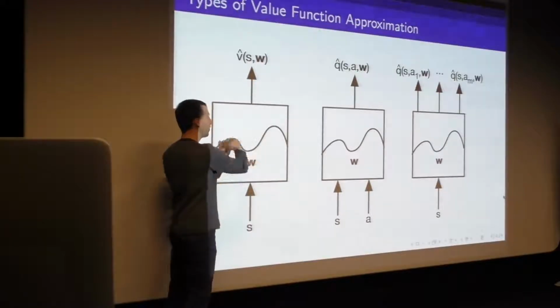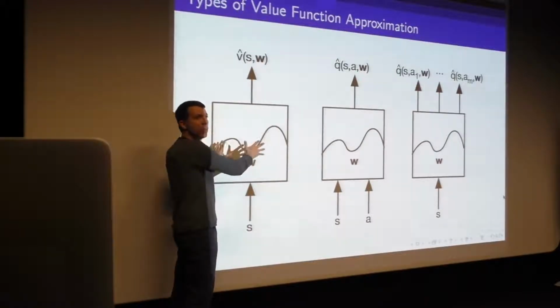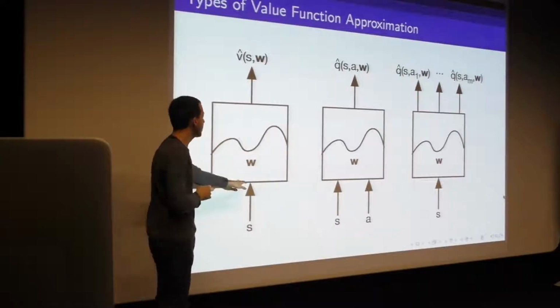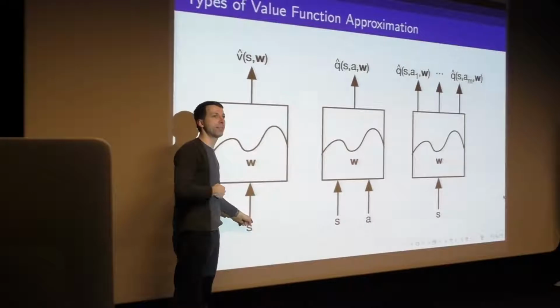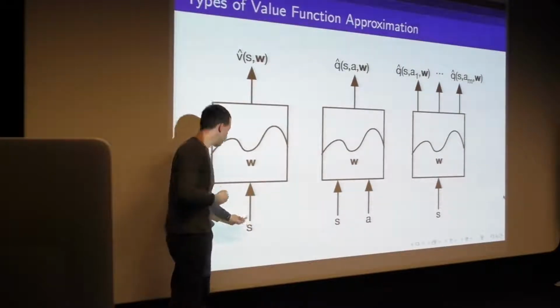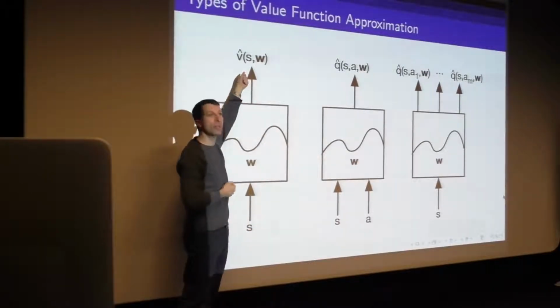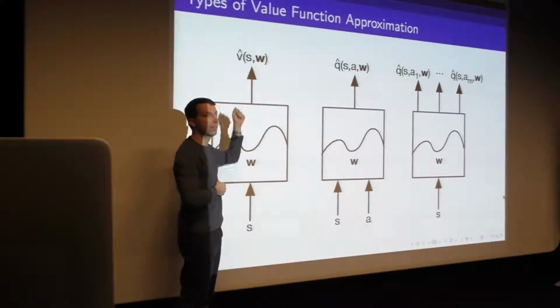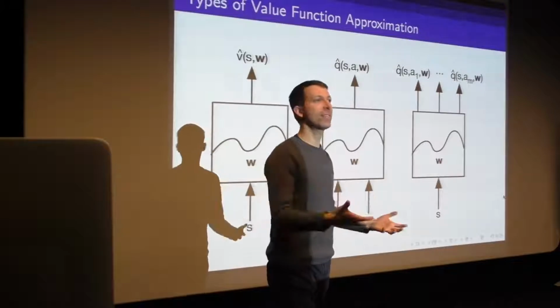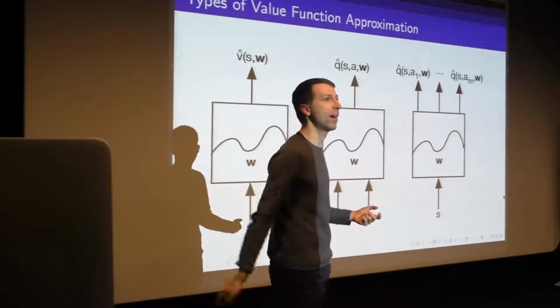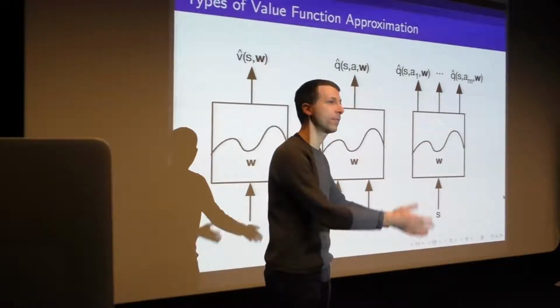The way in which w affects this is just part of this black box. We don't worry about that. And what this thing is going to spit out is the value function at this query state s. So we feed in s, and this thing estimates how good it is to be in s. So we feed in, I'm in this state over here, and this thing says, aha, you're going to get 7.6 units of reward discounted over the rest of your trajectory.